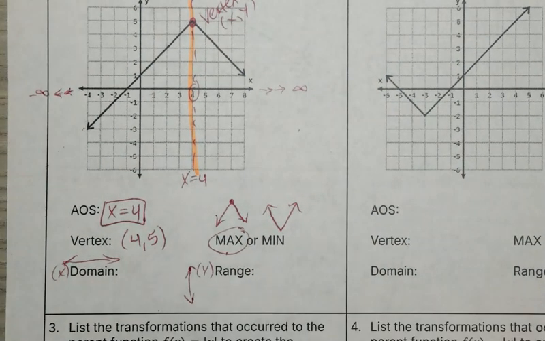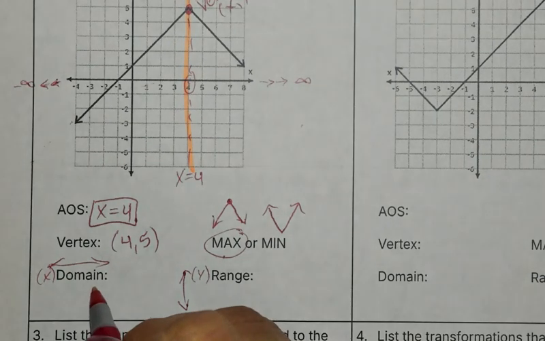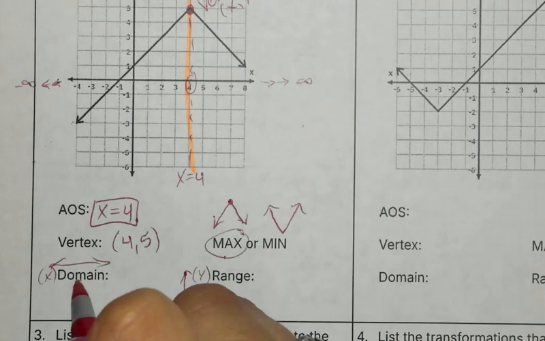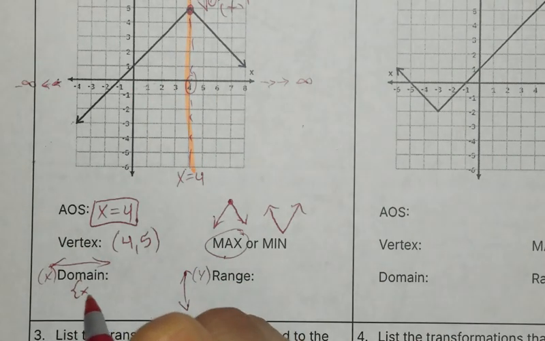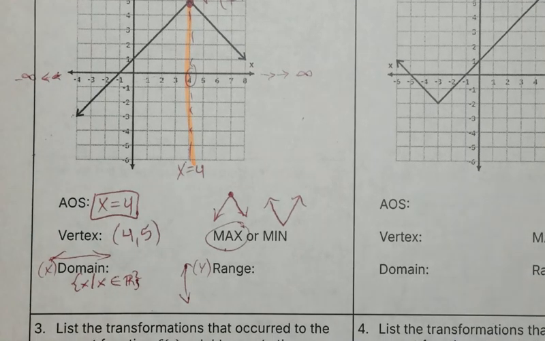So one of the notations for domain is the set builder notation, which represents all the x values being used. So it's braces x, a line that represents such that, x is an element of all real numbers. So that's set builder notation. And you have the interval notation, which will always follow the template of a minimum, comma, maximum.